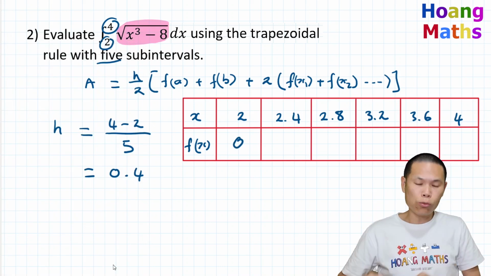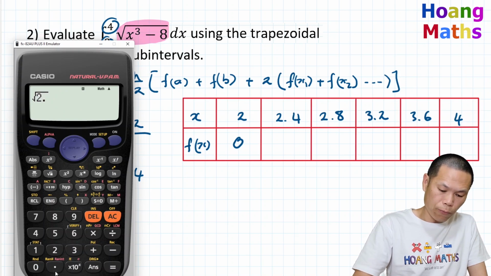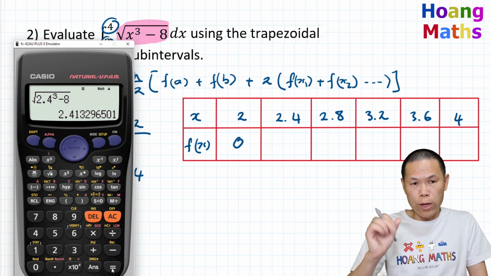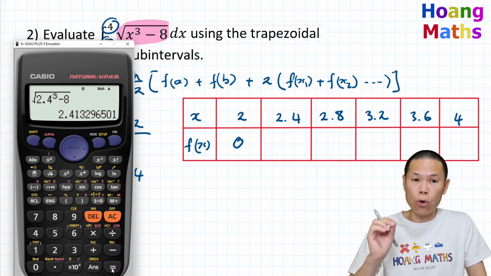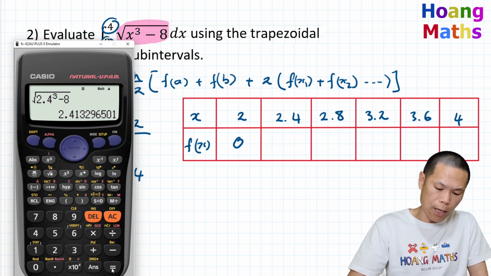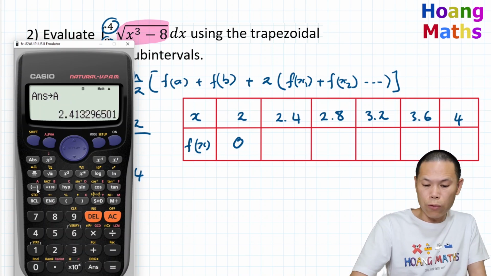And when x is 2.4, we go square root of 2.4 to the power 3 minus 8. Now it becomes 2.41. Let me store this into memory A first, because we're going to use these values later on. Answer, shift, store in A. So 2.41.